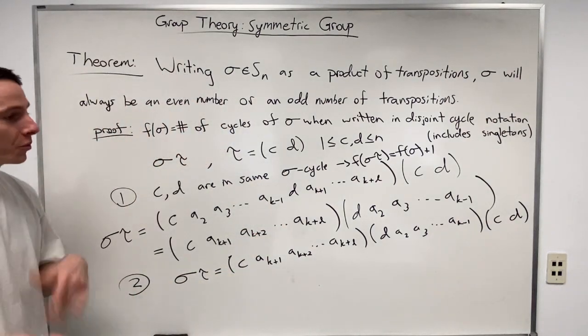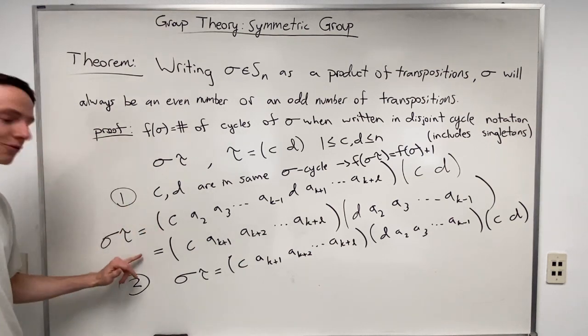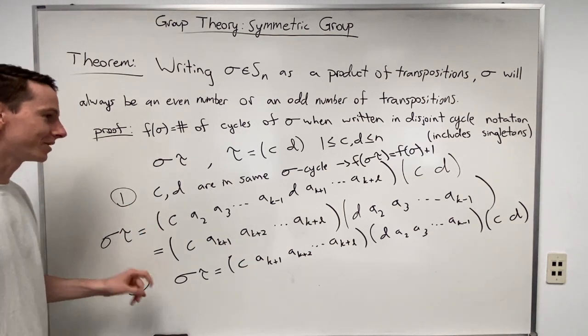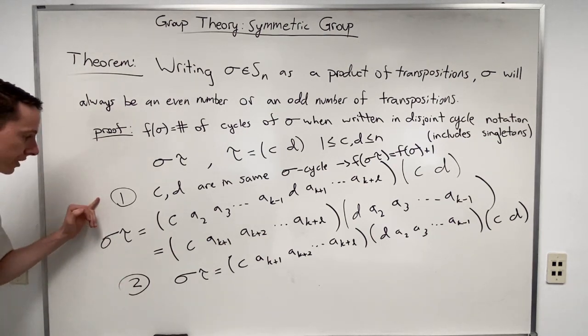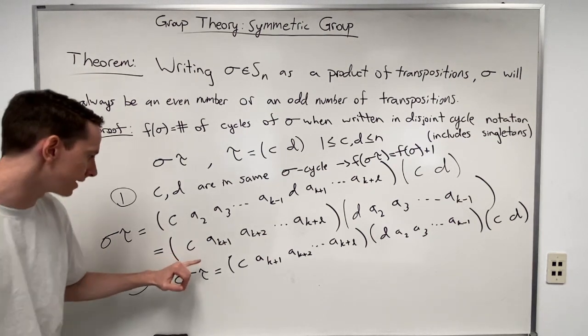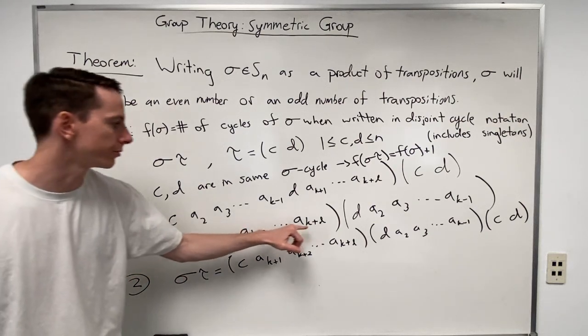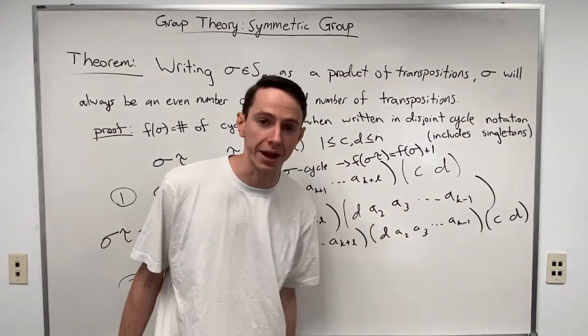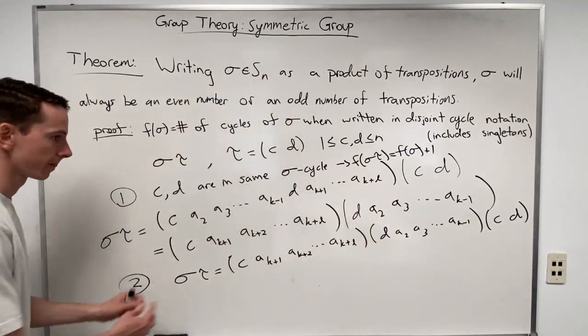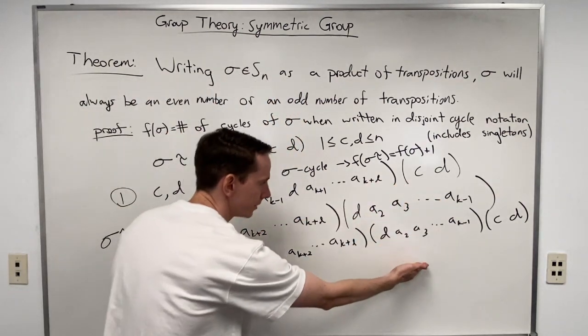well, what we can do is conveniently use what we've already had in part 1. Because let's remind ourselves what we have here. In the first scenario, the same line, C, A_{k+1} all the way through A_{k+L}, and then D, A2 all the way through A_{k-1}. That is what we have right here.